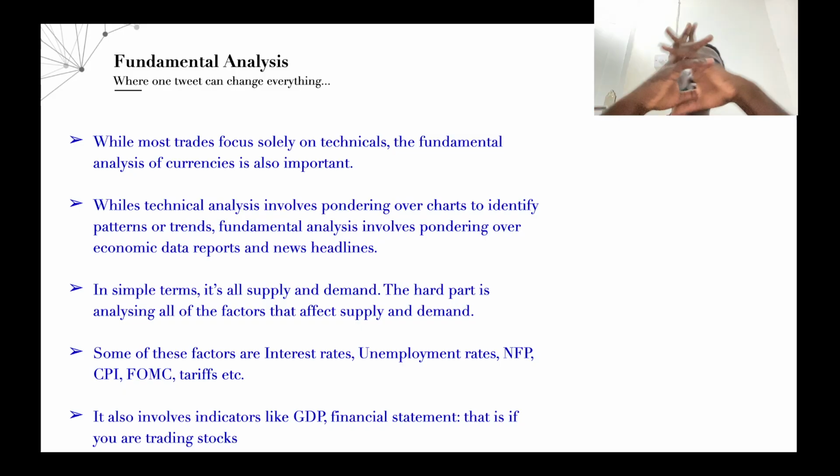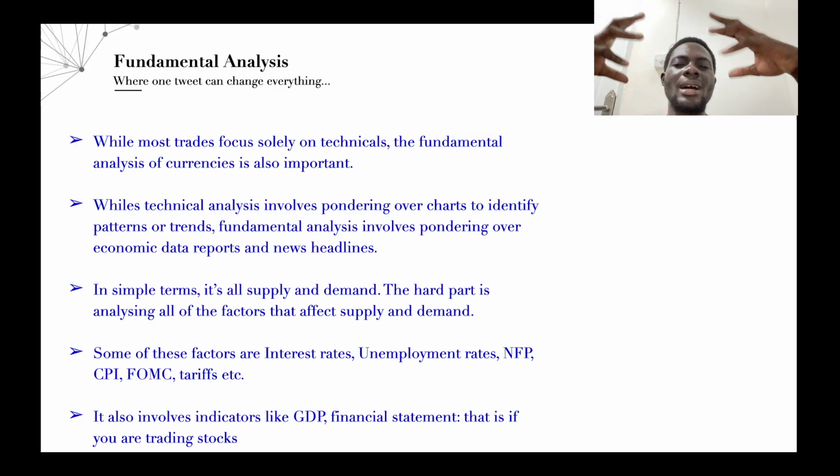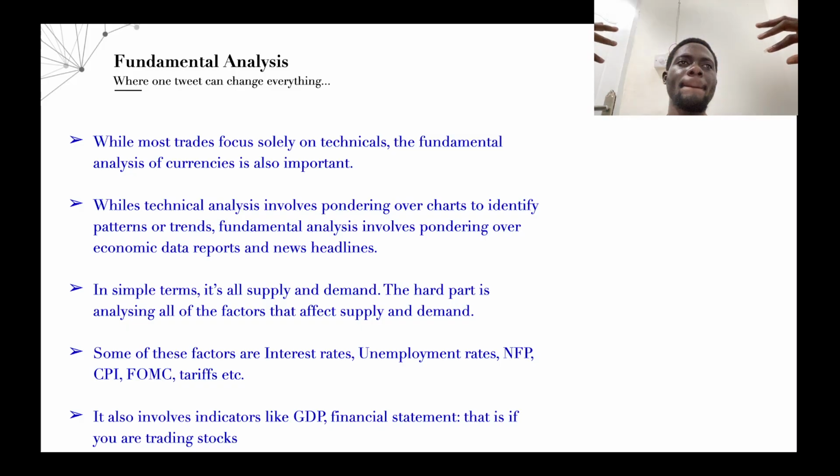So you look at something like FOMC, NFP, CPI, unemployment data releases, and you are trying to figure out, okay, now that I have this data, how do I fit it into the whole fundamental analysis thing? How does it work? How do I use this to predict or forecast price movement? You understand what I'm trying to say? That's the hard part of it. So in simple terms, it's all supply and demand.